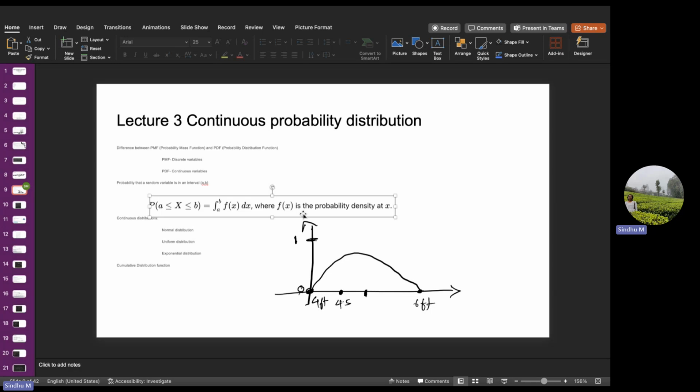The probability of 4.5 will be whatever value is here, 4.6 whatever value is here, 4.7 whatever value is here. So to get the probability from 4.5 to 5, we have to add all these values.